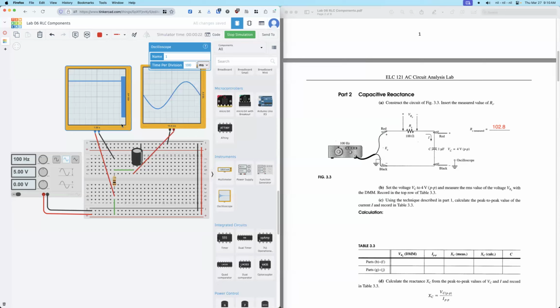Then this also 1, so 1 millisecond. Let me stop. Oh, something is wrong. What's wrong? Inversed. Positive, negative. Yeah, correct.